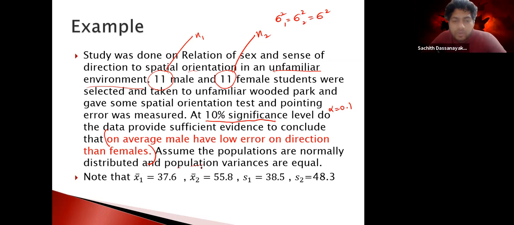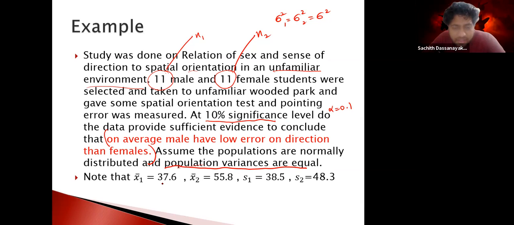Once you see something like this, where variances are equal, and at the same time the sample sizes are small, at that point you have to decide this is a pooled t-test problem.